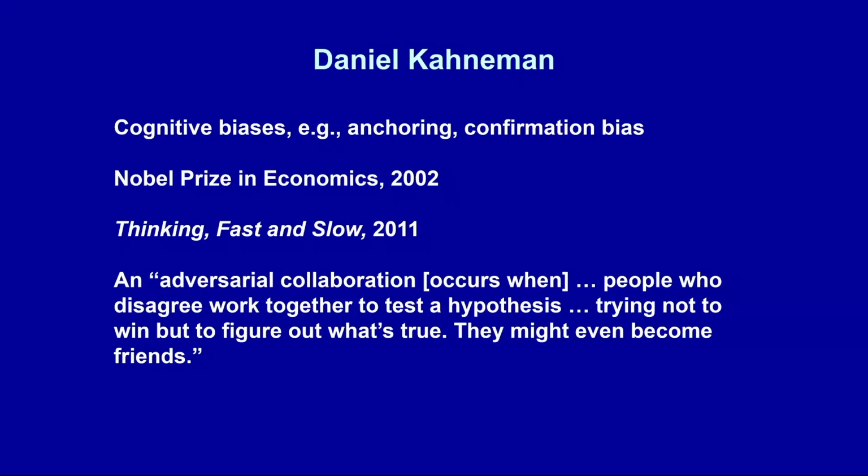So one of Kahneman's ideas was that adversarial collaboration is a good idea. In fact, this was his definition. It occurs when people who disagree work together to test a hypothesis, trying not to win, but to figure out what's true. They might even become friends.